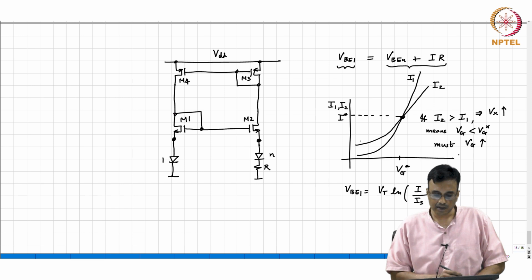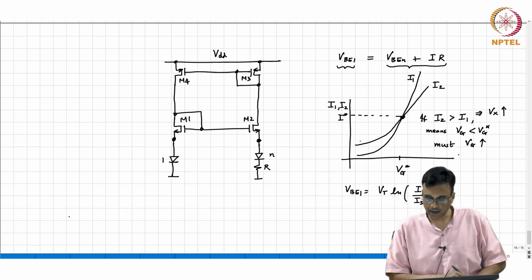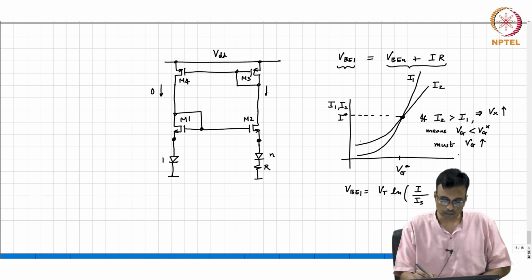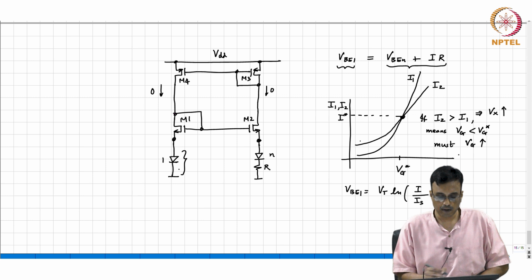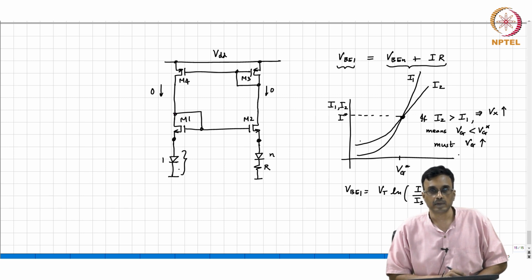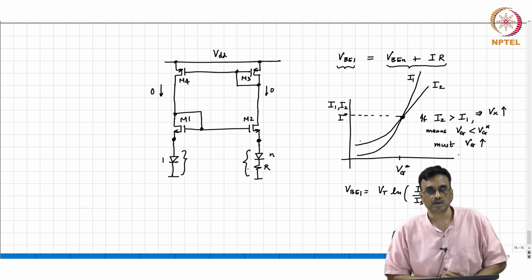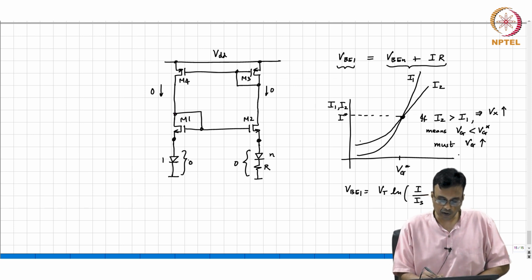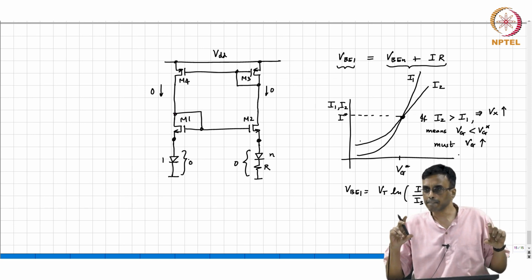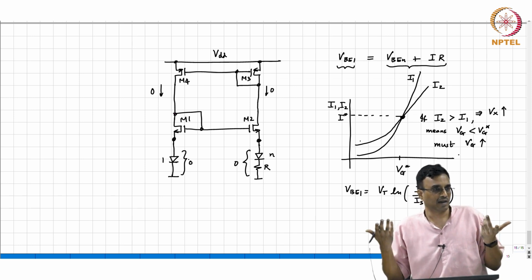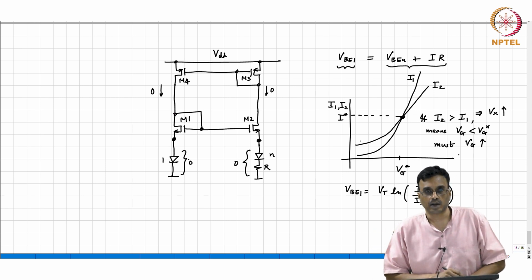So, for example, in this circuit, if the currents were 0, what is the voltage drop across this diode? 0. What is the voltage drop across that branch? 0. So the voltage across both branches is the same. The currents through both branches are also the same. So evidently it's a possible operating point, right.